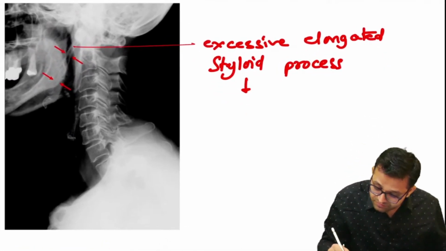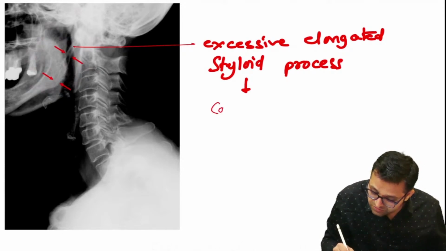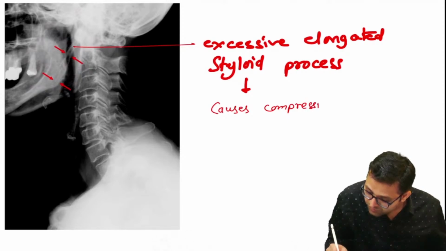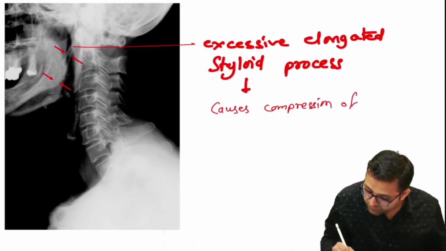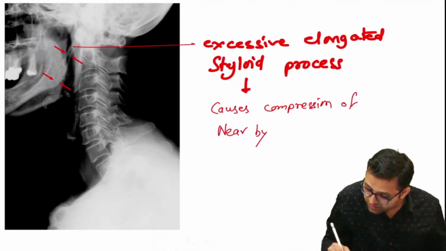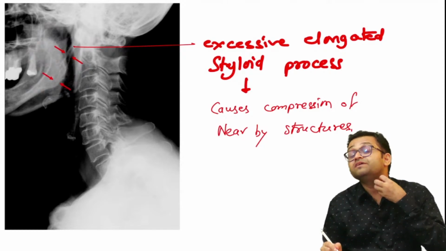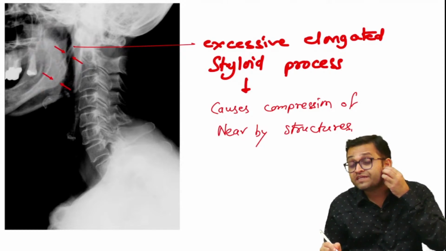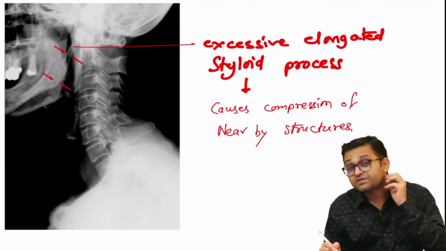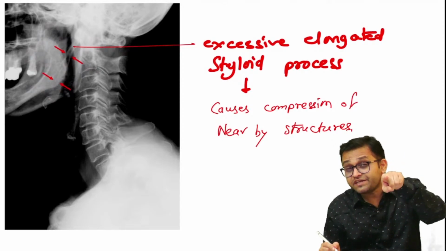Yes, it causes compression of nearby structures. Yes, sir. What are the different nearby structures? Sir, here is the common carotid artery, internal carotid, external carotid. Yes, it is in between the external and internal carotid artery.